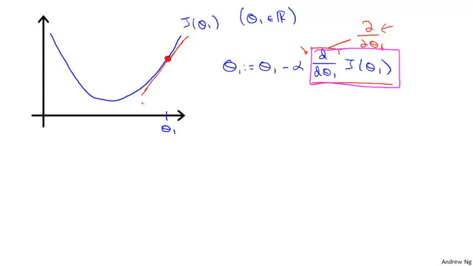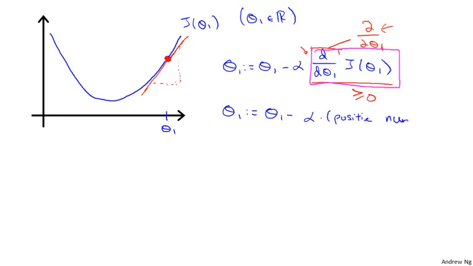The slope of a line, of course, is this height divided by this horizontal distance. Now, this line has a positive slope, so it has a positive derivative, and so my update to theta is going to be theta 1 gets updated as theta 1 minus alpha times some positive number.